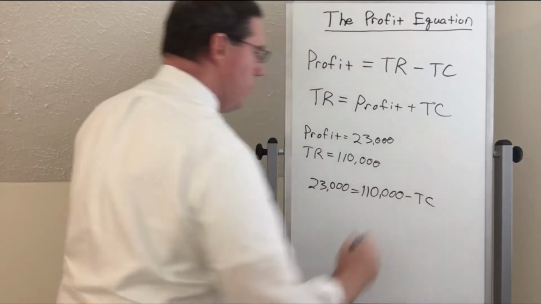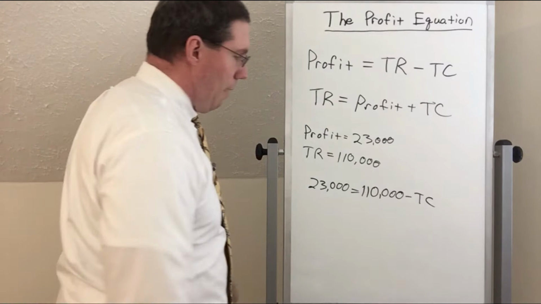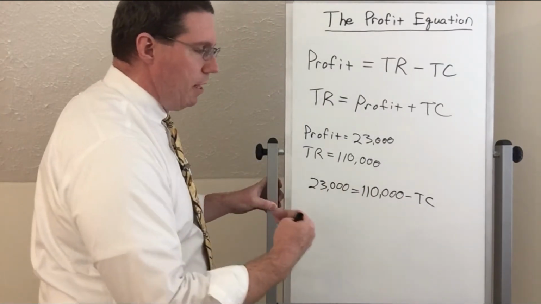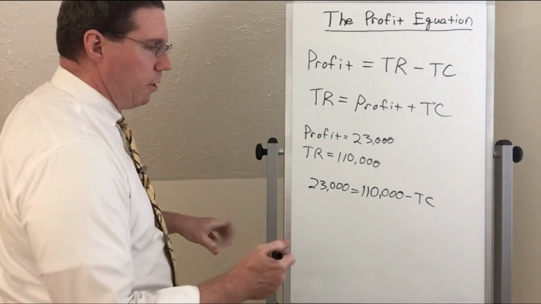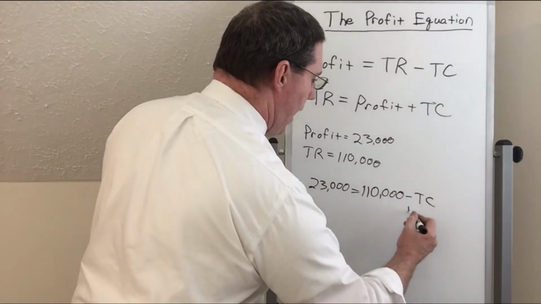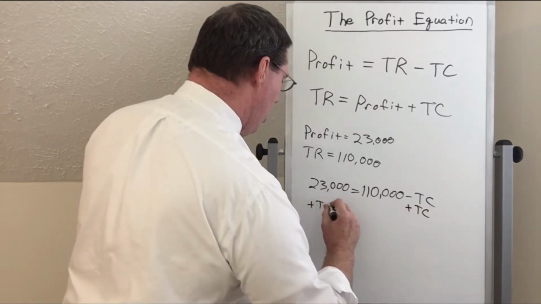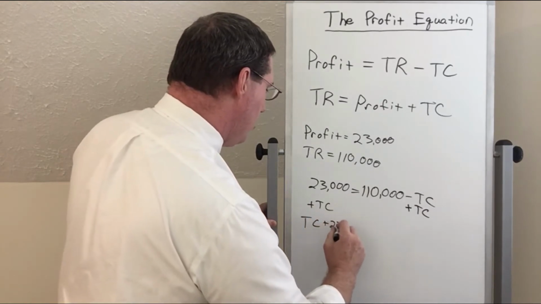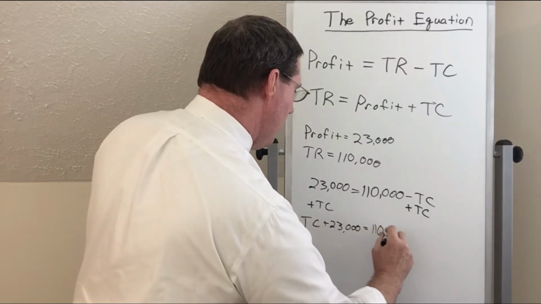Minus total cost. Okay. Now, this is going to be a little weird because we've got a minus total cost here. In my opinion, if you struggle with algebra a little bit, you may want to do a couple extra steps here. So what I'm going to do is add total cost to both sides. What that means I now have is total cost plus 23,000 is equal to 110,000. Why?